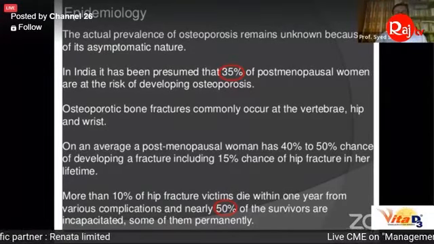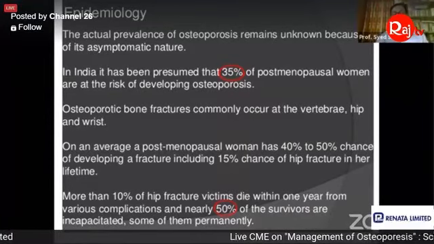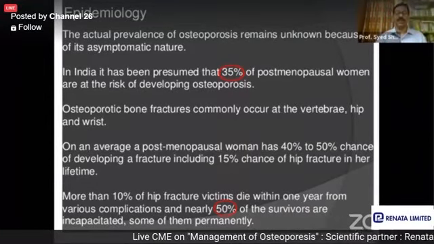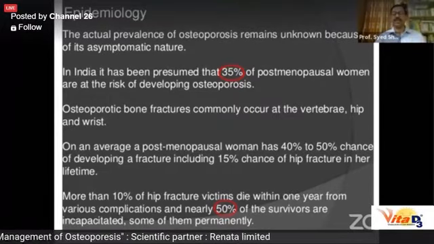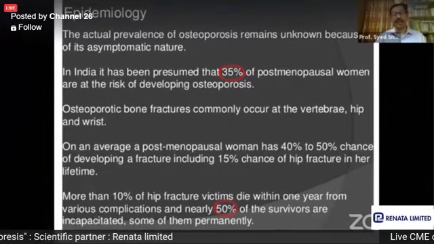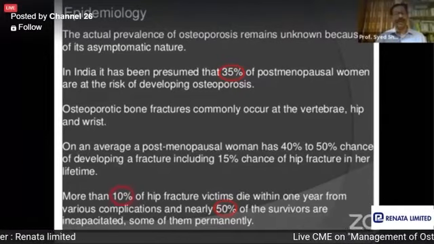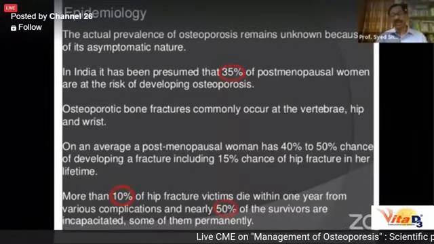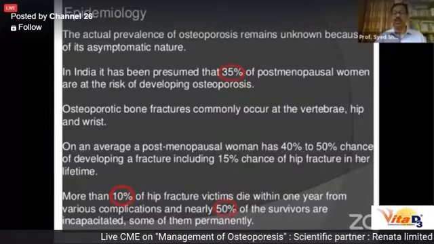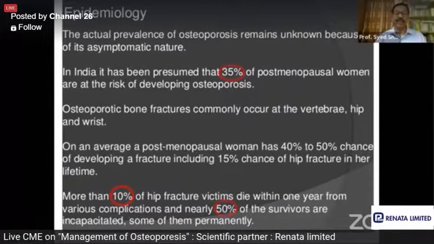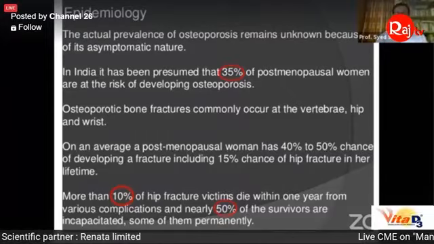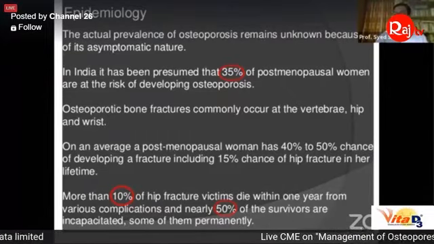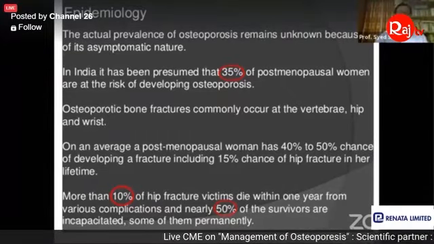On average, a postmenopausal woman has a 40% to 50% chance of developing a fracture, including a 15% chance of hip fracture in her lifetime. More than 10% of hip fracture victims die within 1 year from various complications, and nearly 50% of the survivors are incapacitated, some of them permanently. So this is a very alarming situation.